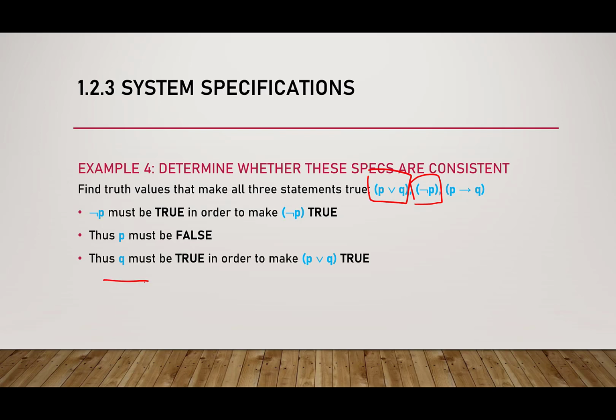Because we know that P is false, Q has to be true. Because if that's false and that's false, then the whole thing's false, okay? So we now know that this P here is false. We know that this Q must be true.